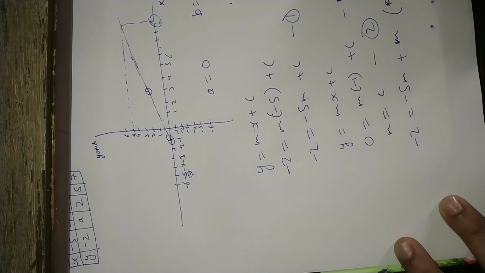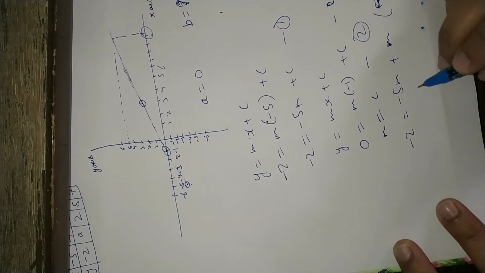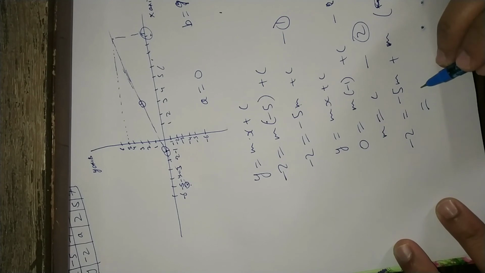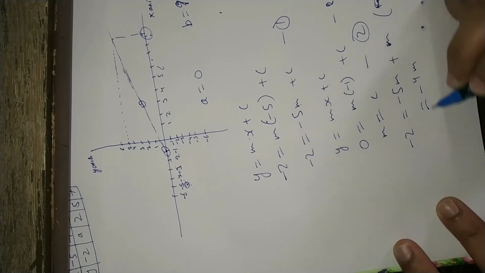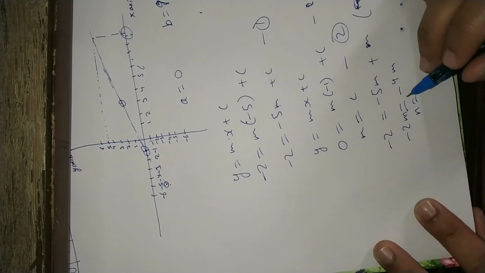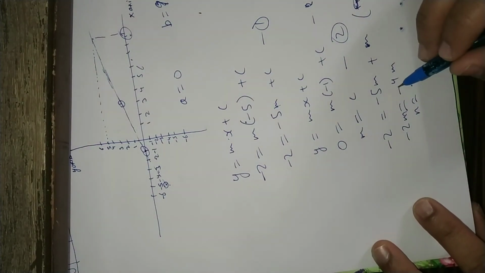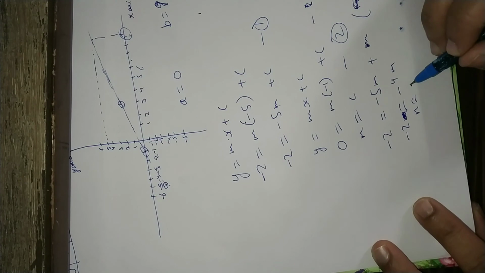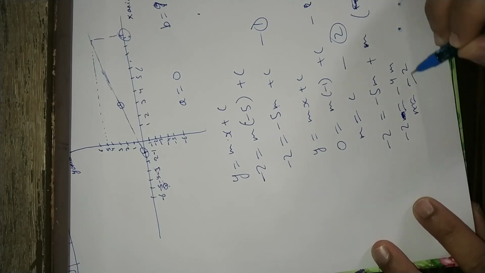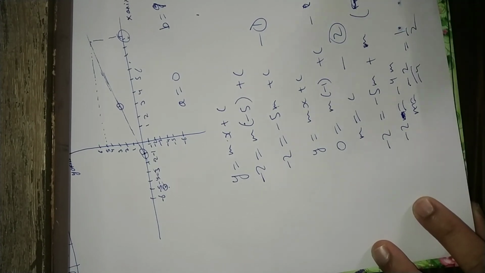Put equation 2 in 1. So from here, what is the value of m? Minus 4m is equal to minus 2. m is equal to minus 2 by minus 4, that is 1 by 2.